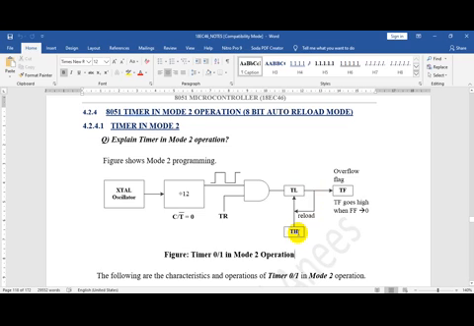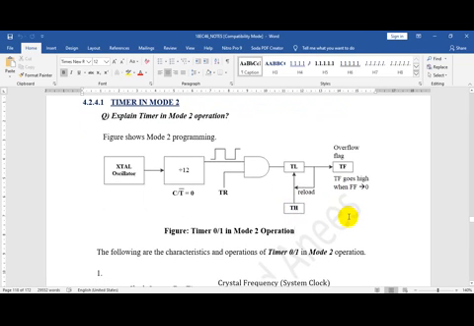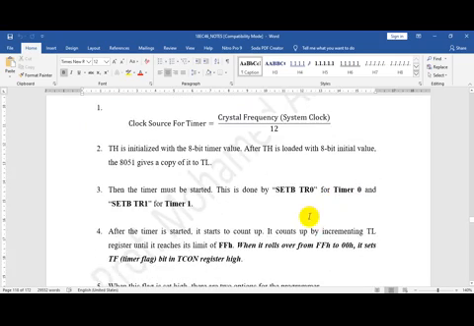So this time of loading again and again is saved in mode 2. So with respect to accurate delays, mode 2 is more accurate. So the only difference is this, all other things remain same.